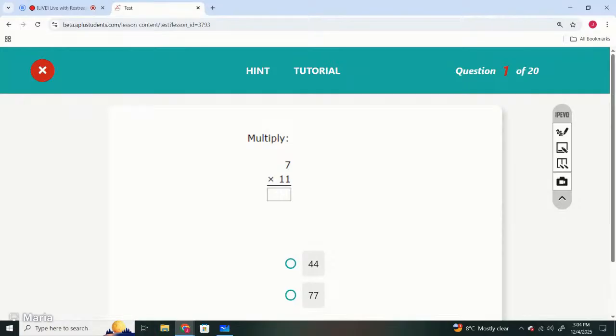Very good. Like 11 times 7 is 77, right? So option number 2 is the correct option. That is exactly the same as we do with the table of 1. 1 and 11 are the same.